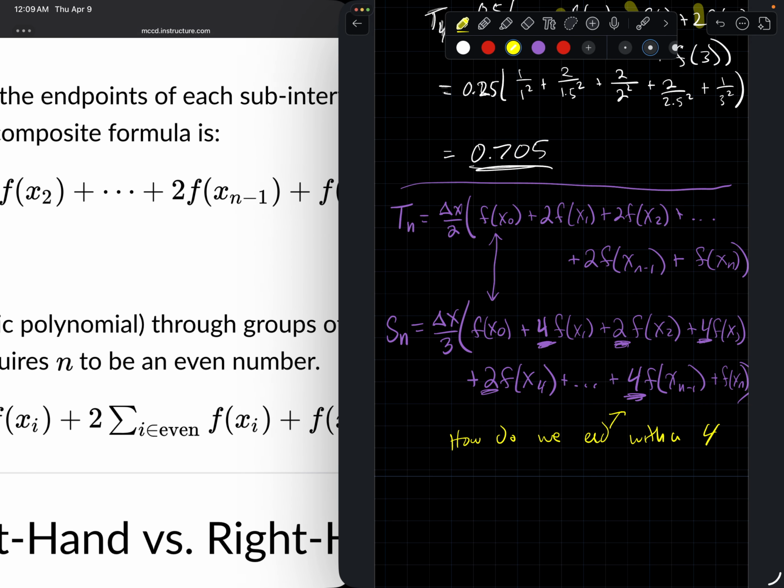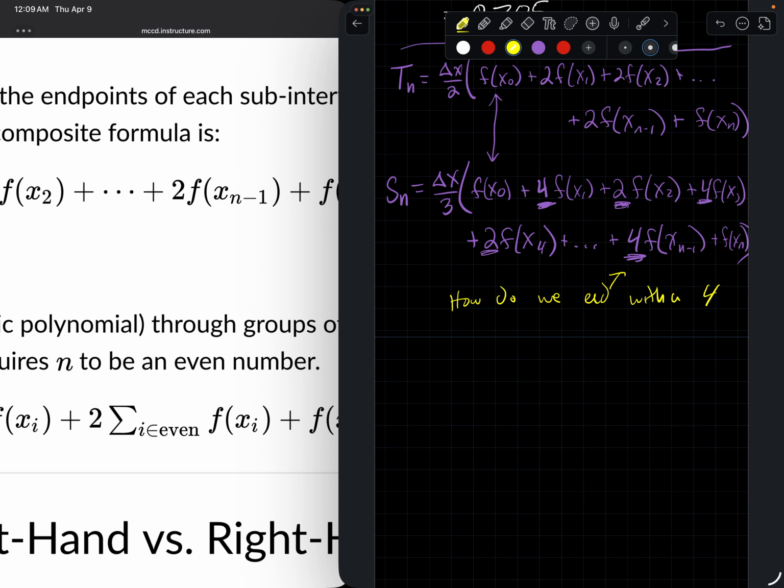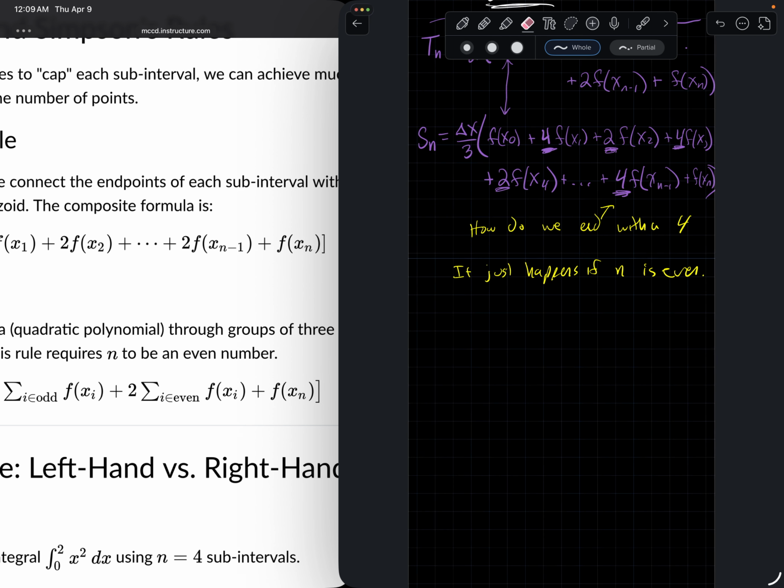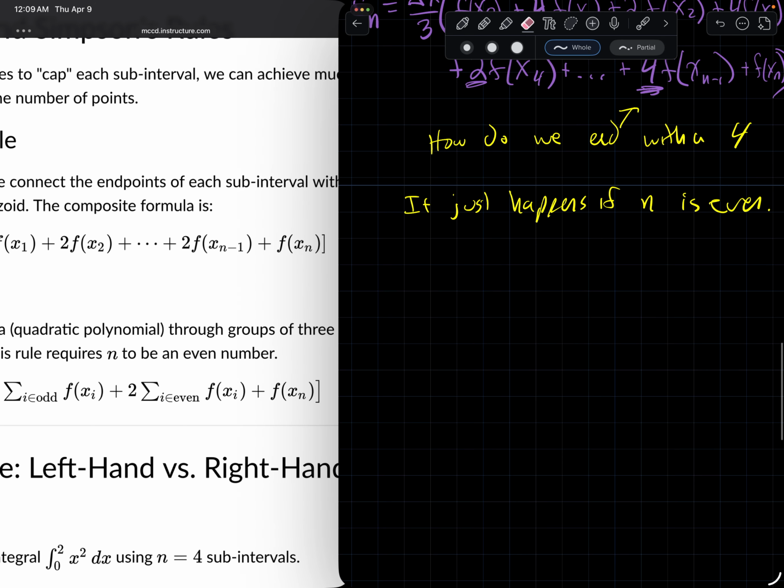That's what will make that happen. So it just happens if n is even. Okay, with that said, let's see if we can now work out Simpson's rule for that same integral. We're going to do the same exact problem.